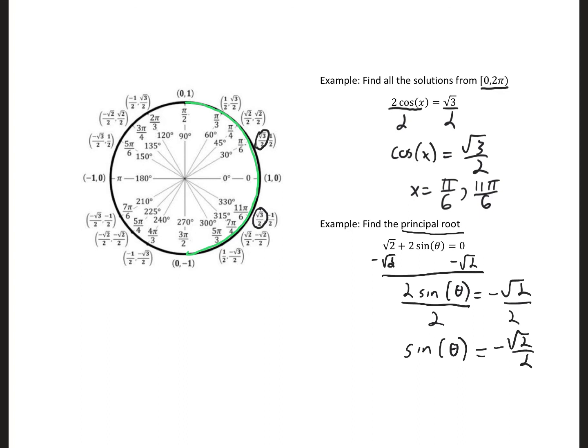To solve for theta, theta is given with the arc sine. We want to know what is arc sine of negative square root of 2 over 2. We want the principal root. As we discussed previously, here is the y-coordinate negative square root of 2 over 2. And we would say that's 7 pi over 4, except we want to think of this amount as moving negatively. So here theta would be negative pi over 4.